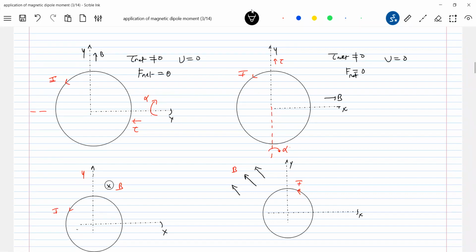Here, let's come to this case. What about net torque? Zero. What about net force? Zero. What about potential energy? Maximum. So shall I put unstable equilibrium?